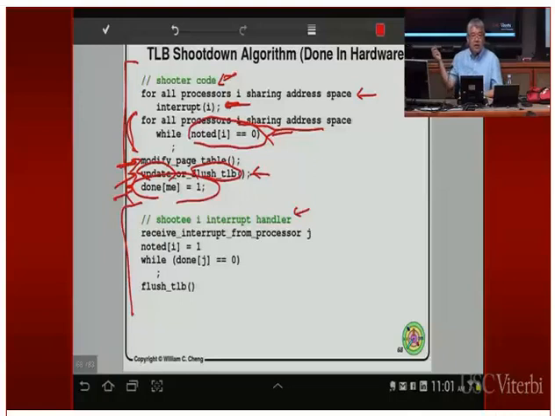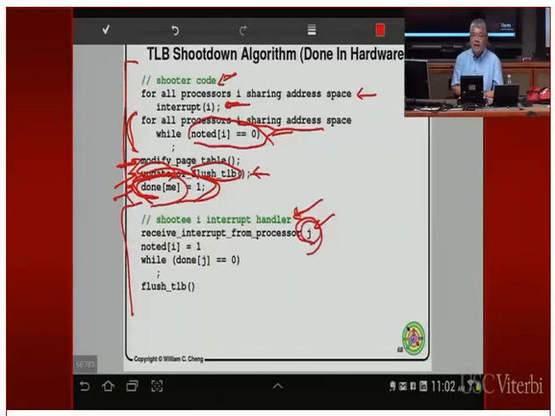So all the other processors are executing this interrupt service routine, waiting for you to be done. So how does that work? Here's the code for all the other processors, the code for the translation look-aside buffer shoot down interrupt. When they start to execute the interrupt code, they know which processor they received the interrupt from. This way, they know which done to look for.